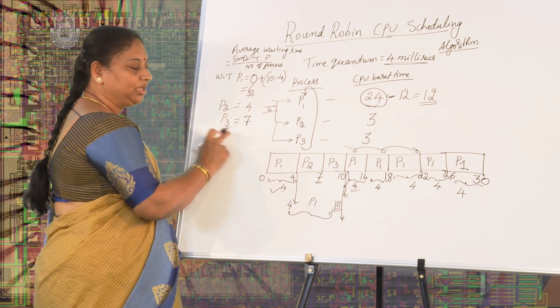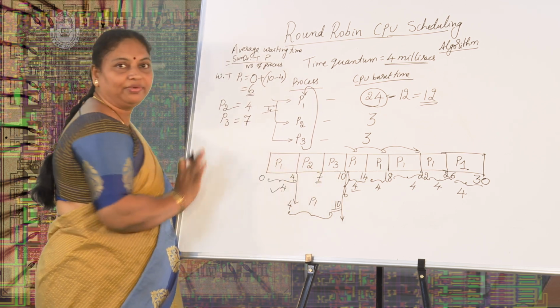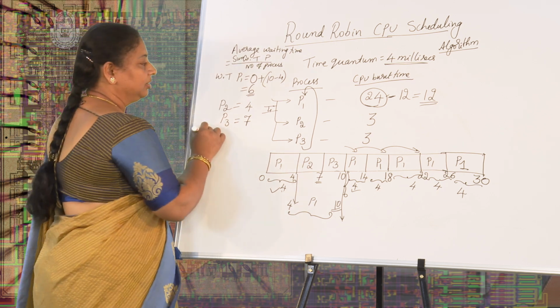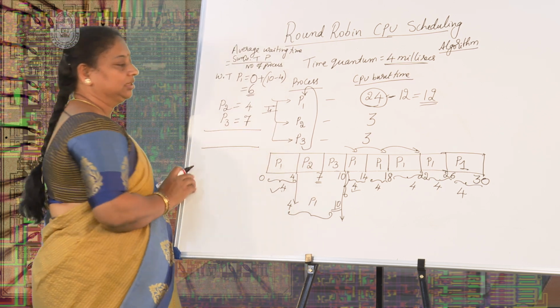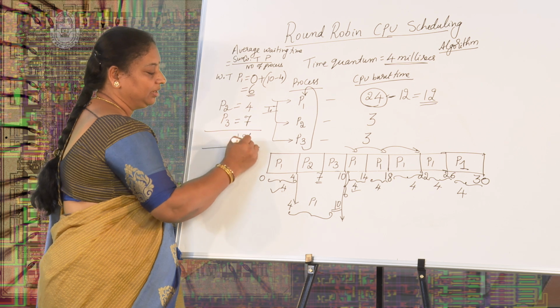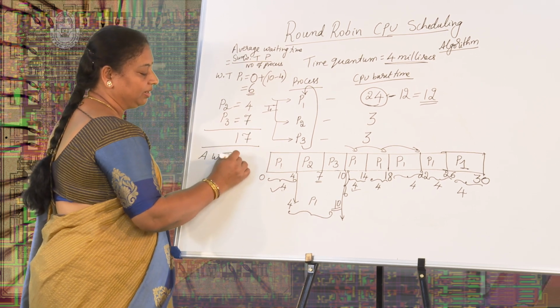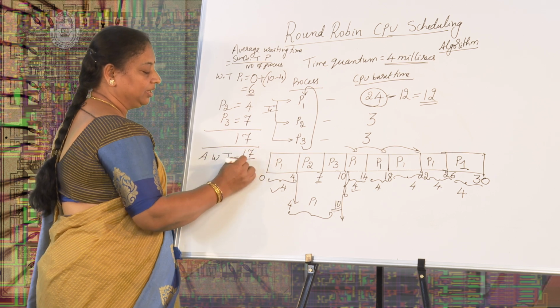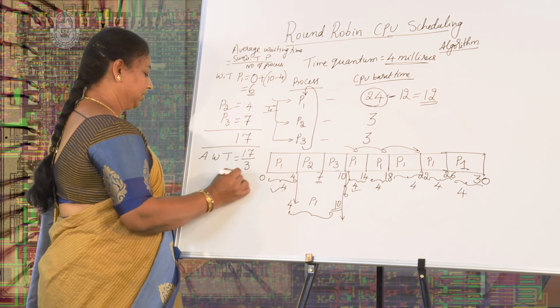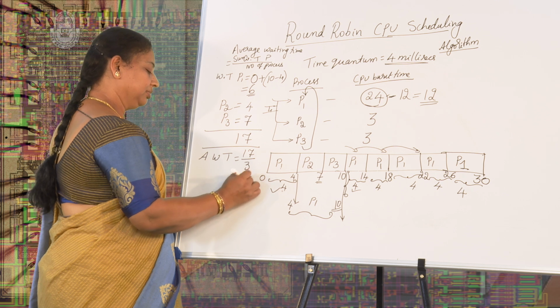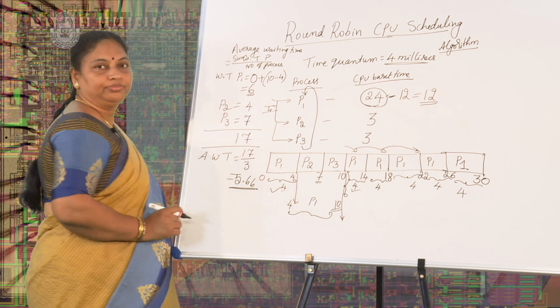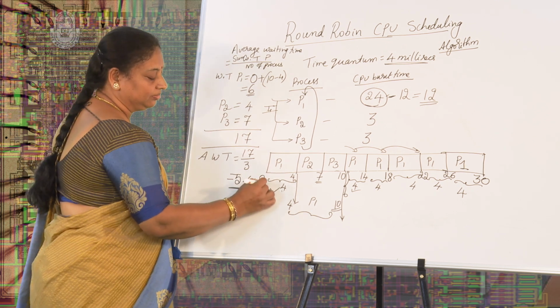But for P2 and P3, only the initial waiting time. Now the sum of these three, which is 17, so average waiting time will be 17 by 3, which is 5.66 milliseconds.